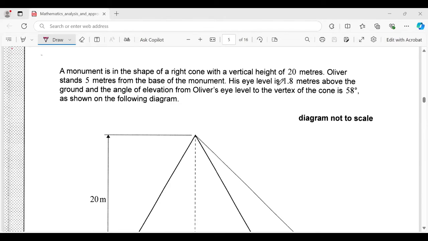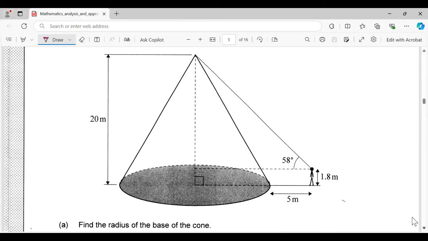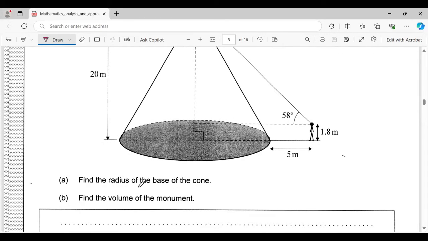His eye level is 1.8 meters above the ground, and the angle of elevation from Oliver's eye level to the vertex of the cone is 58 degrees, as shown on the following diagram. Find the radius of the base of the cone.